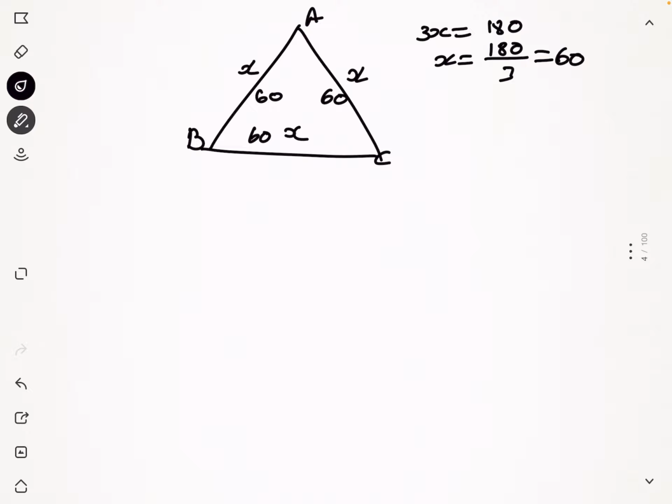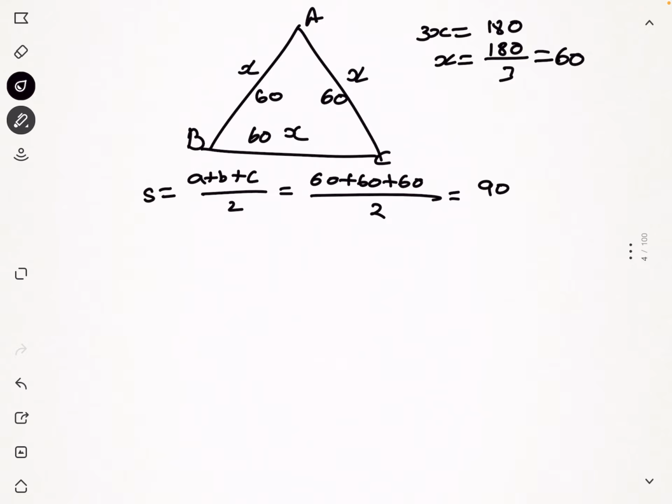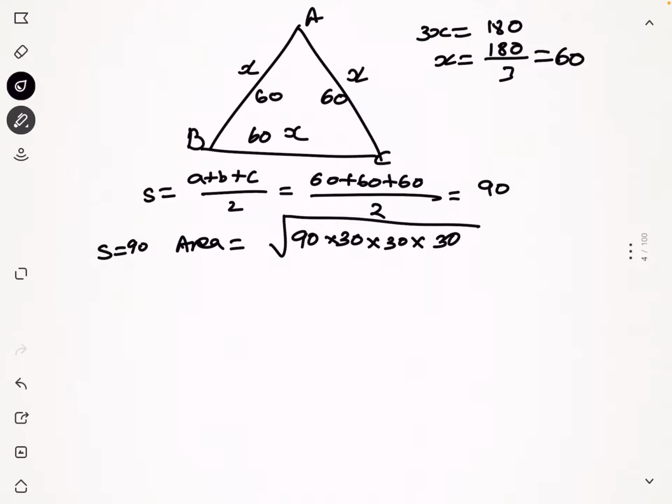Now he wants the area. s is equal to a plus b plus c by 2, which is 60 plus 60 plus 60 by 2, which is 90. So s is 90. Area is equal to square root of 90 into 90 minus 60 will be 30, 30 into 30 into 30.